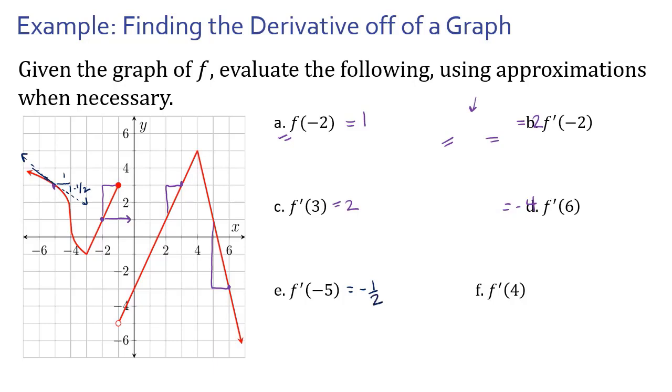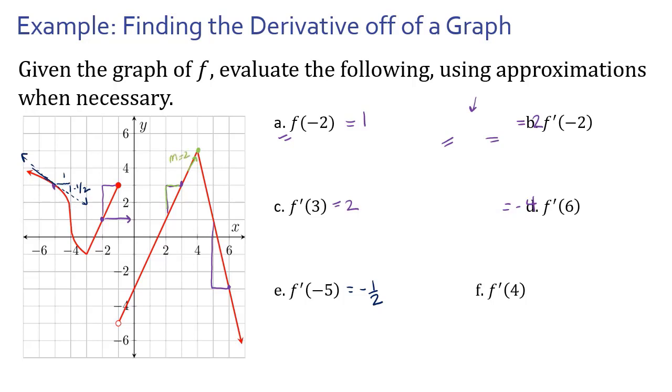And now if we looked at what was happening with the derivative of the function at 4. So when x equals 4, we're right here. Now, if I'm trying to find that rate of change, I'm going to run into a little bit of an issue, because as I approach it from the left, that rate of change is positive. It's up 2 over 1.